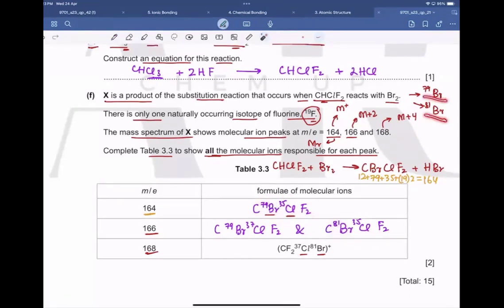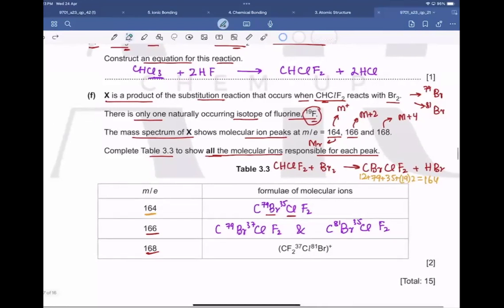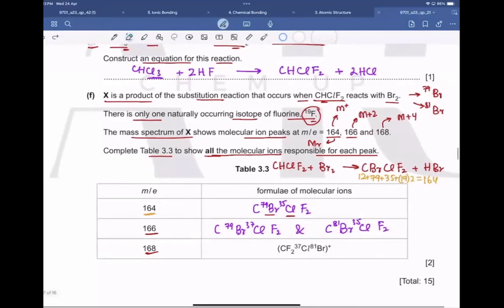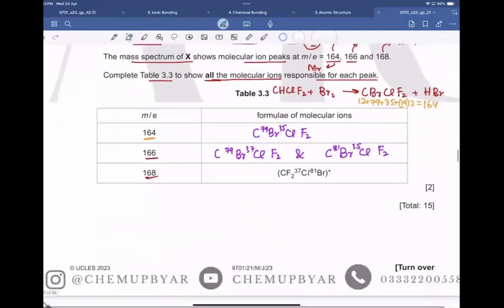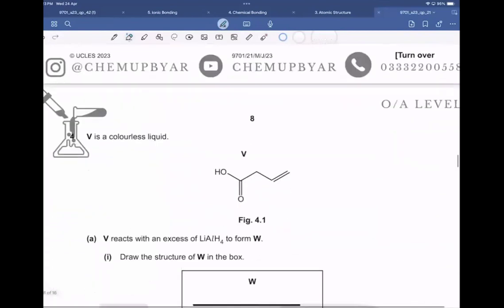One is bromine 79 and one is bromine 81. Is this clear to all of you? Okay.